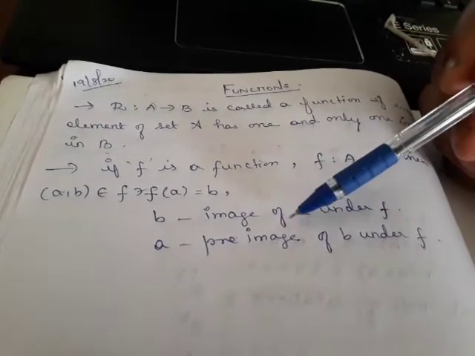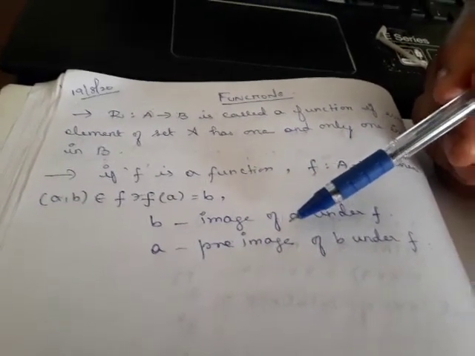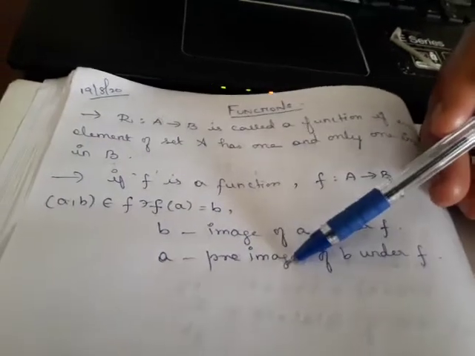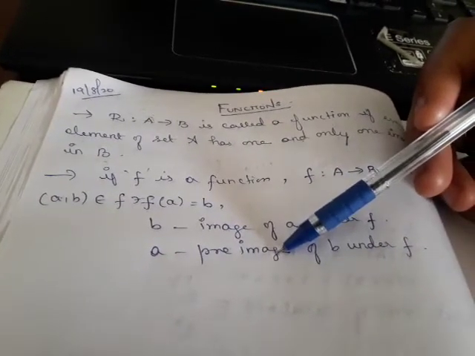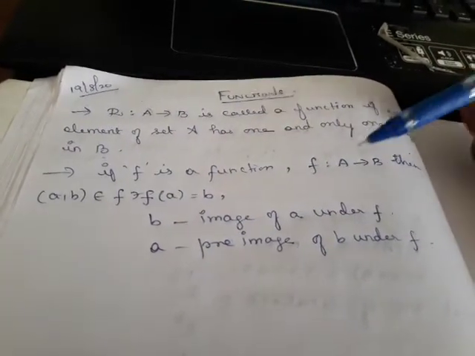I told you this definition in the last class while defining the concept of relation, what is meant by image and what is meant by pre-image. Hope you remember. Now let us see one example to get better clarity about functions.